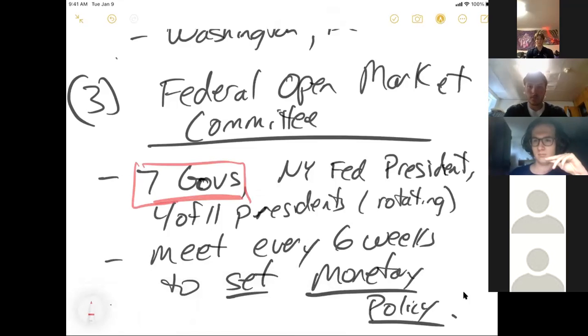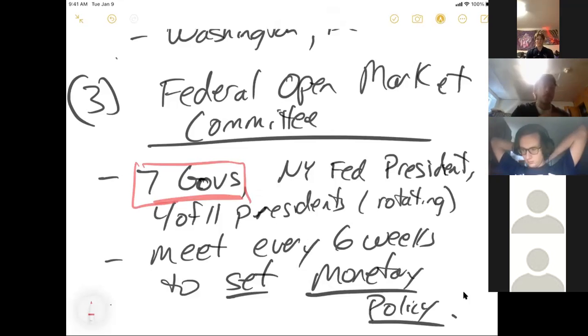Because basically what the Fed is setting is what monetary policy is going to be for the next 6 weeks. And as we move in, finishing up our lecture this morning and then tomorrow, we're going to be talking about, well, what exactly does the Federal Open Market Committee talk about? What do they consider when they set monetary policy? And what does setting monetary policy really mean, right?